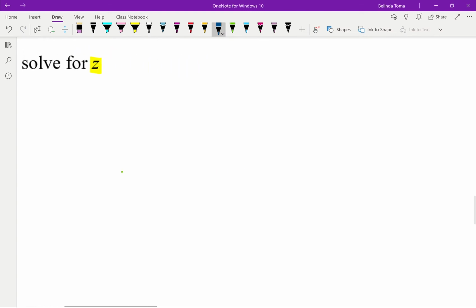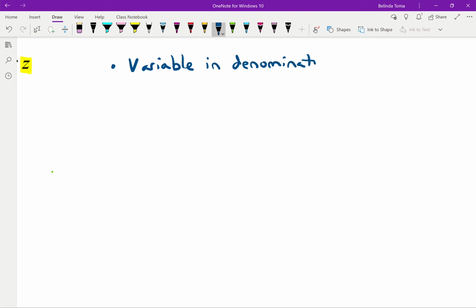Okay, so if the variable in the denominator is what you're solving for, get it out of the denominator. You can't solve for a variable if it's left in the denominator. Okay, so you want to get it out of the denominator.